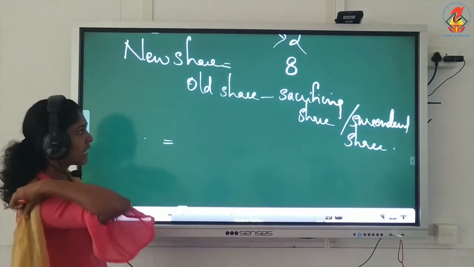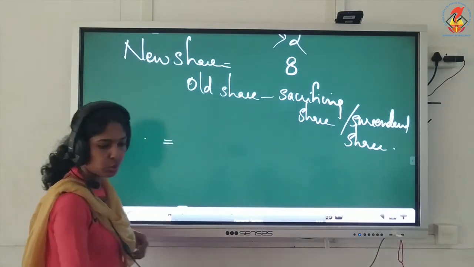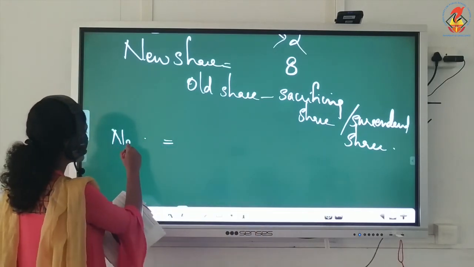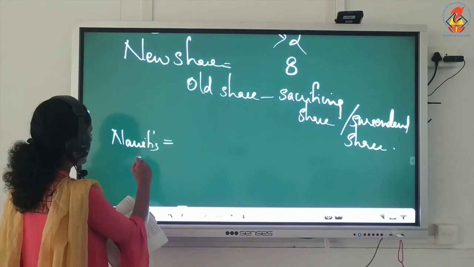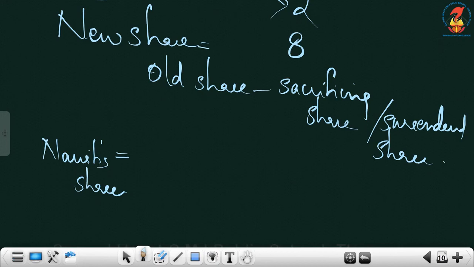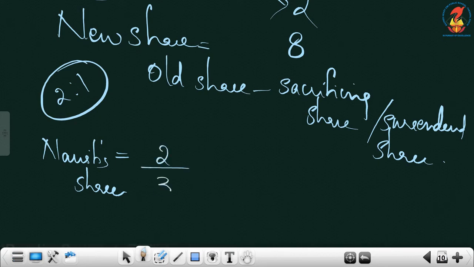Okay, then the calculation you have to do individually for the partners. The names are Naresh. Naresh's share will be equal to, Naresh's old share is directly given in the question, that is 2:1. This is their old ratio. From this, his proportion is 2/3. When you do calculations, take the proportion, don't simply write 2:1 here.